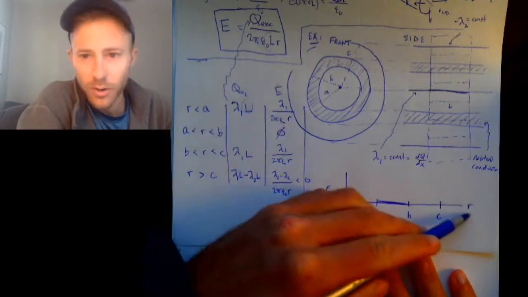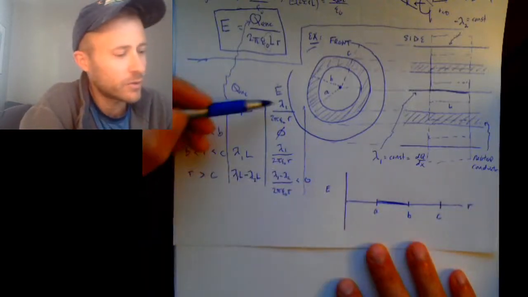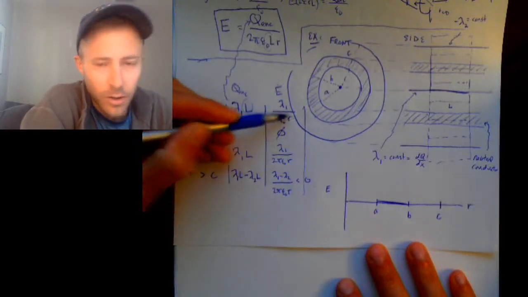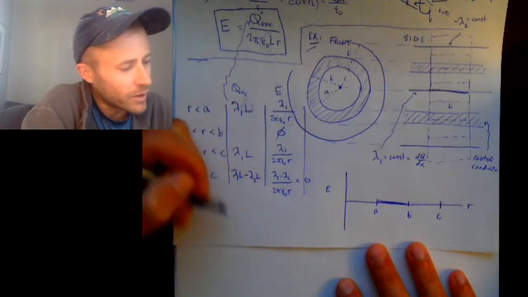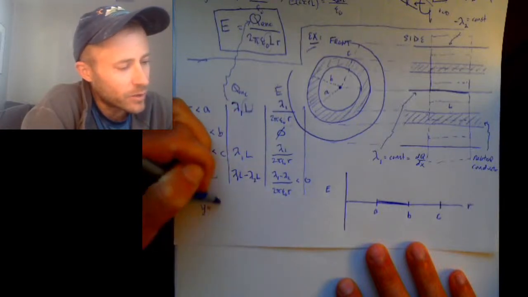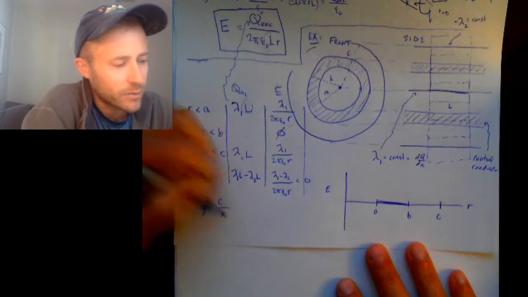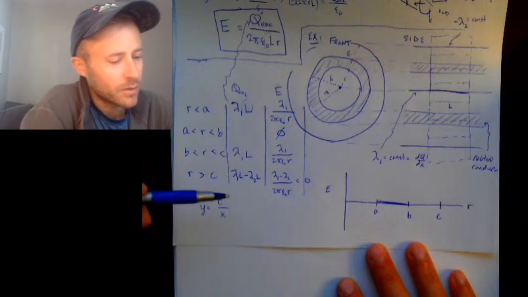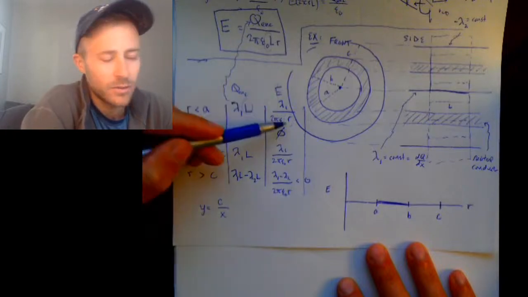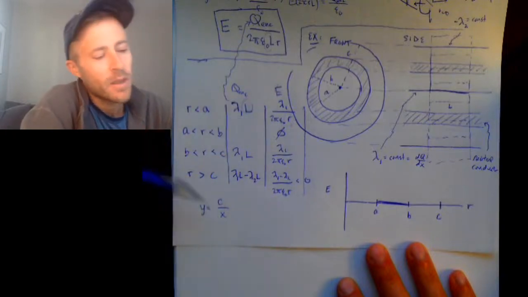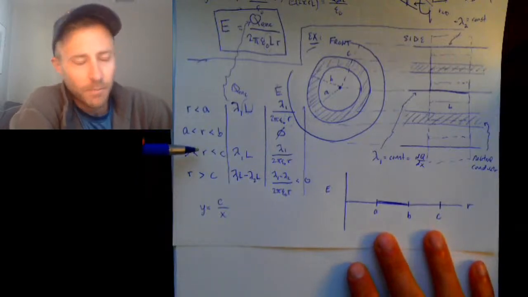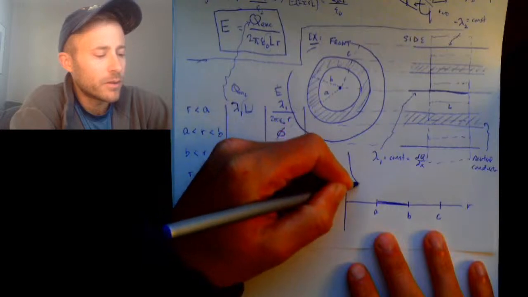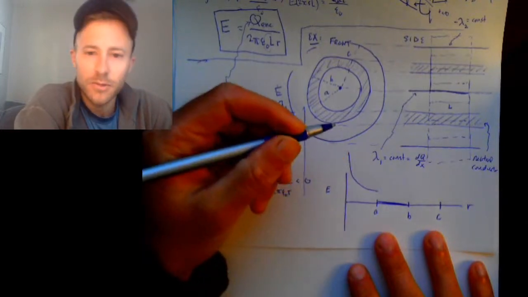R is the variable on the horizontal axis, so I treat everything else like a constant and just zero in on R. So this is going to look like a graph of y equals a constant over x, because electric field is like y and R is like x. If you've seen that graph before, you know that it comes down from infinity and starts to level off.